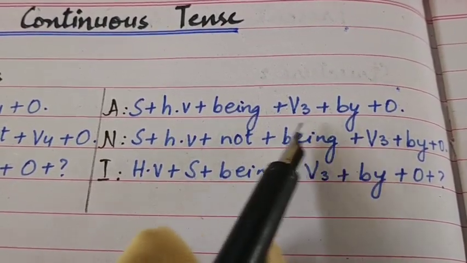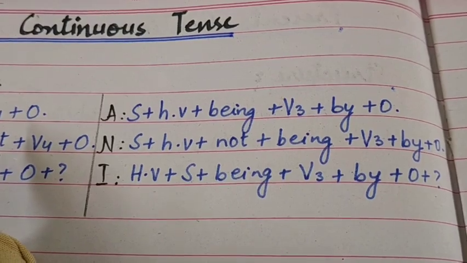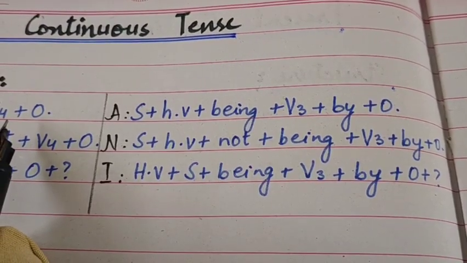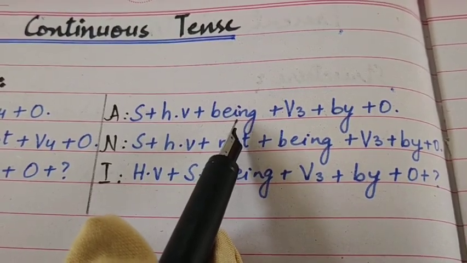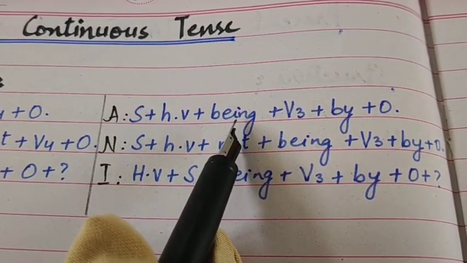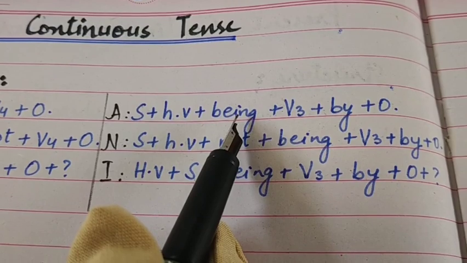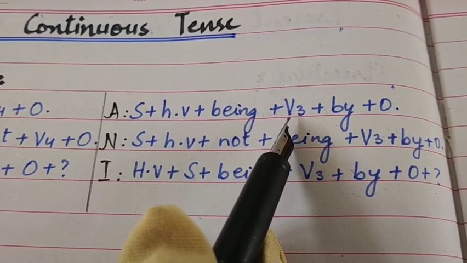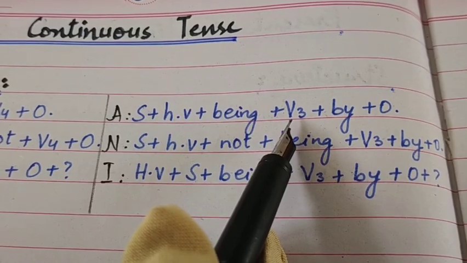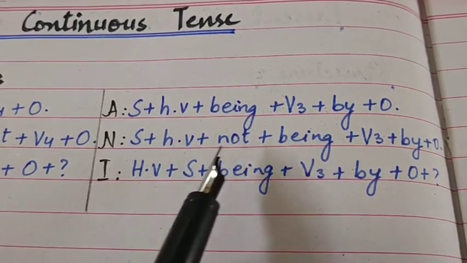Remember that in continuous we use the fourth form, ing form, but in passive voice we show the third form by using be verb in its third form, and then we always have to use the third form of verb. Okay.